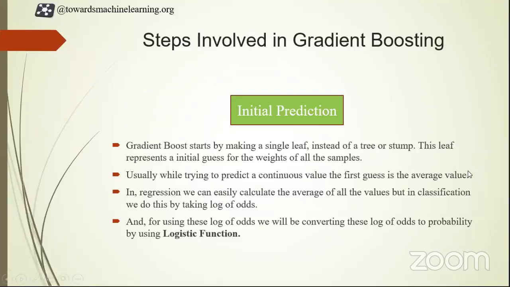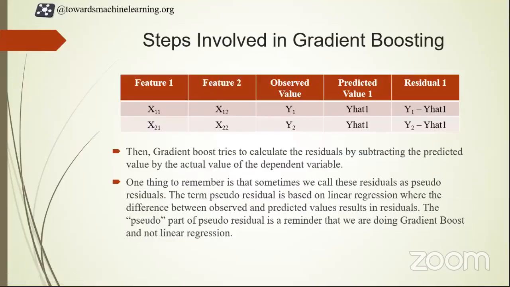So this is our initial prediction. Now let's see this example. In this example we have two features: the observed value, that is basically the actual value, and this predicted value 1, which we predicted in the previous step. I termed it as y hat 1. So this is our first predicted value.